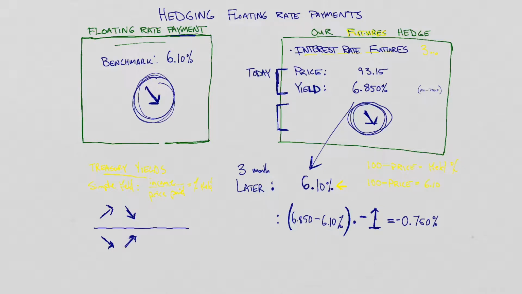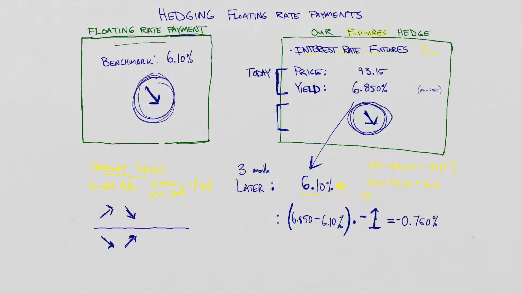And so what you see is that 3 months later, given a 6.1% yield, that means this futures contract was now trading at 93.90. 100 minus 93.90 is 6.10. And so the price rose.